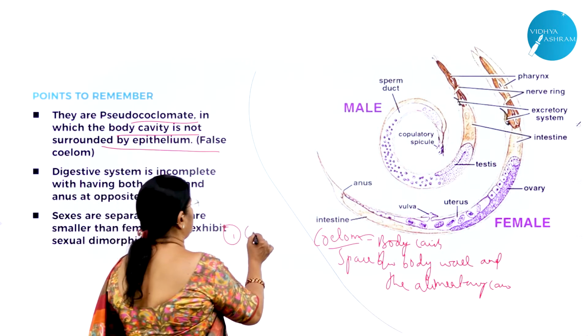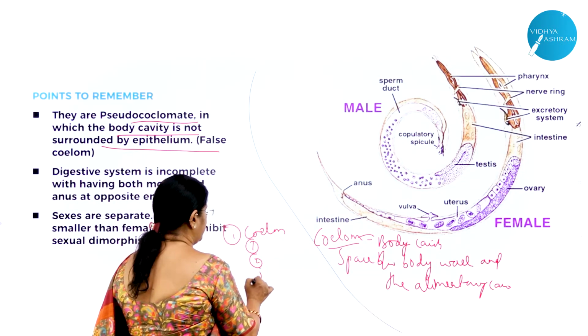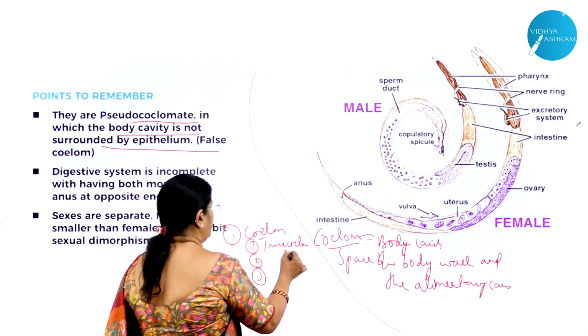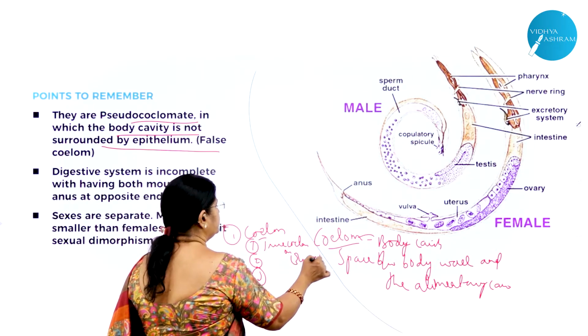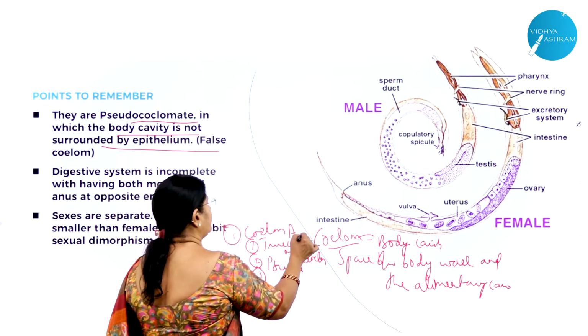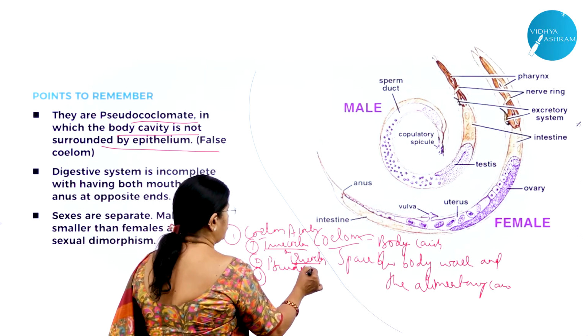One basis was coelom. Based on that we have 3 types: acoelomates, pseudocoelomates, and true coelomates or eucoelomates.